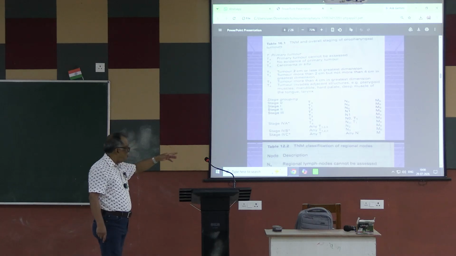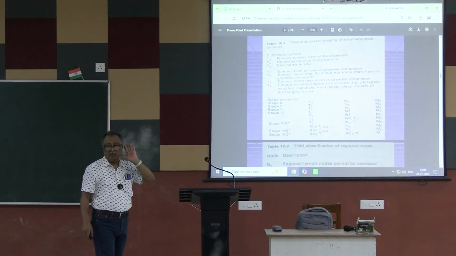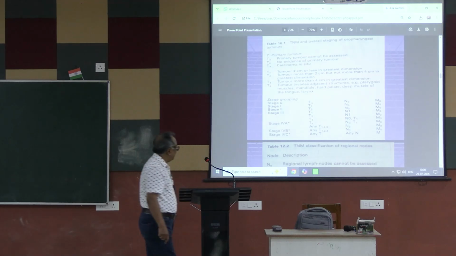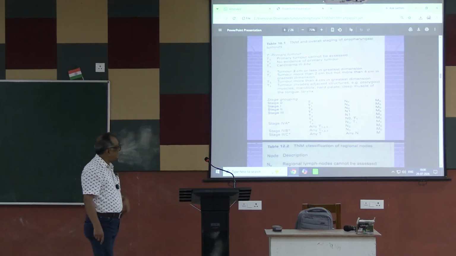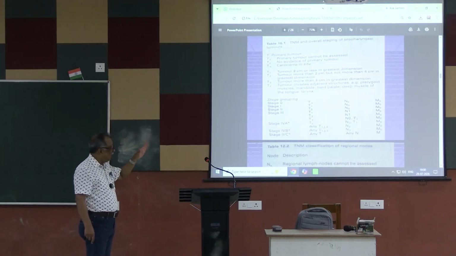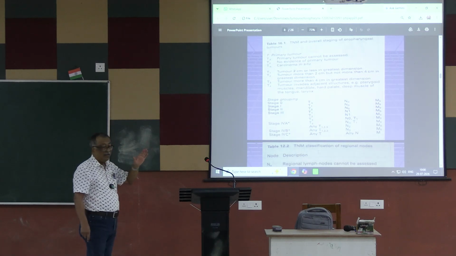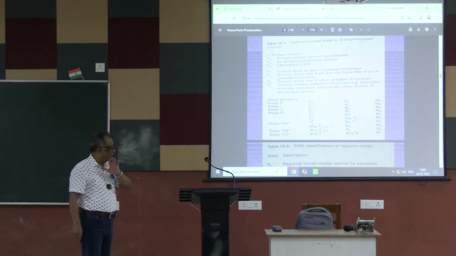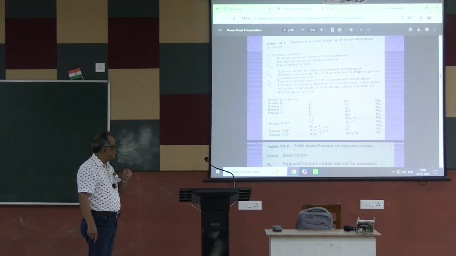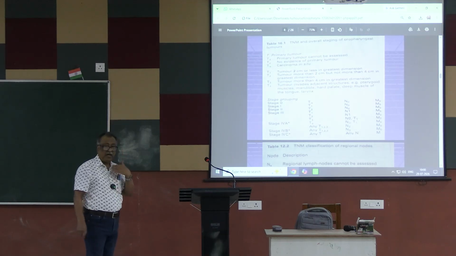And stage 4 is 4C, where distant metastasis is possible. So, this is the classification, and according to the stage, the treatment schedule depends.